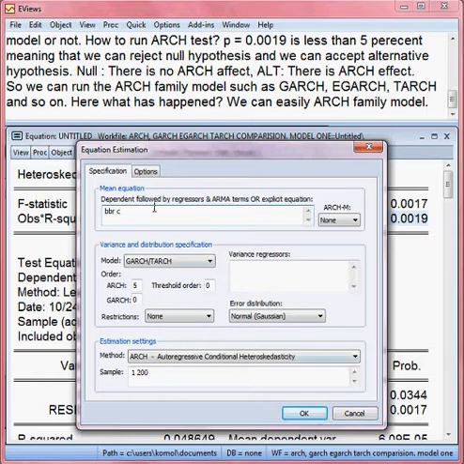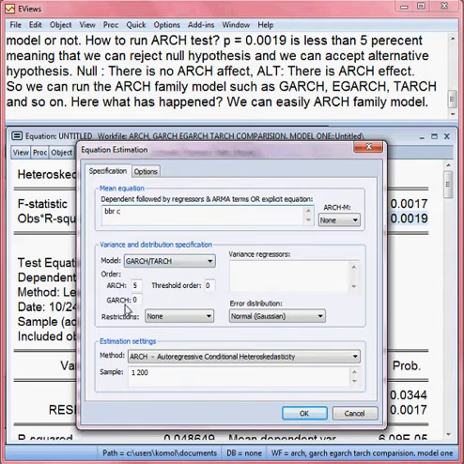Okay, what is happening here is that from this mean part, we shall take the residual, and we shall put the residual in the variance equation.